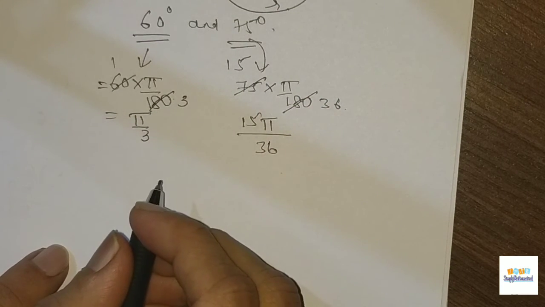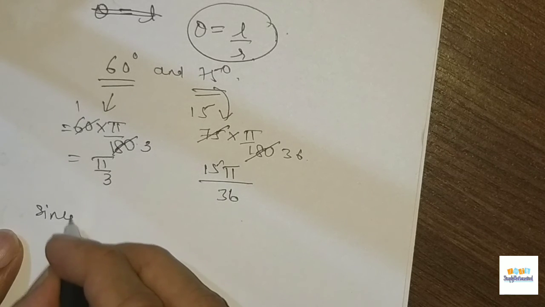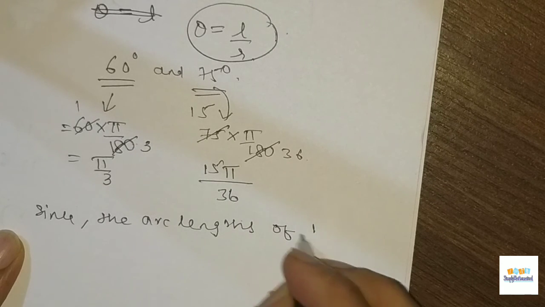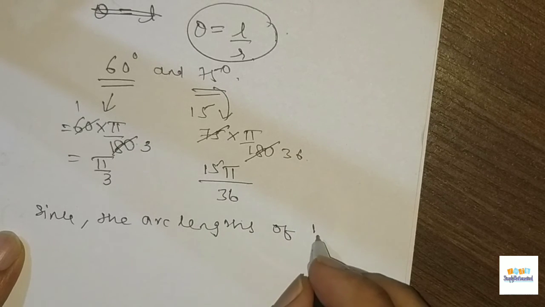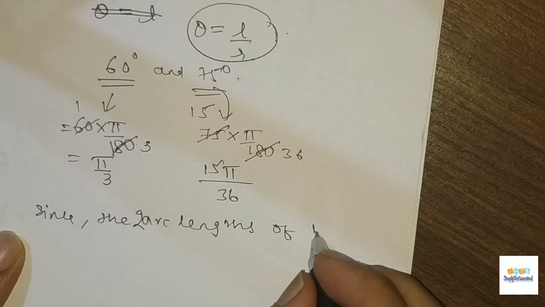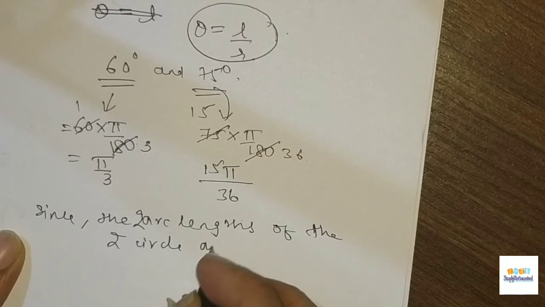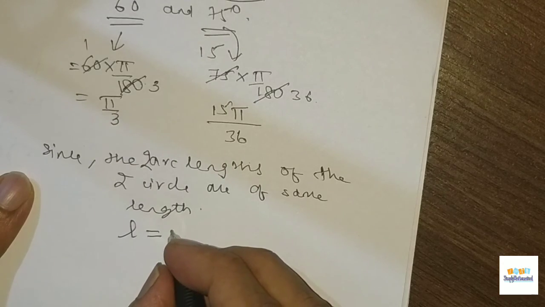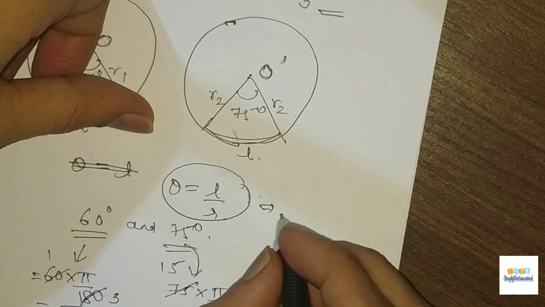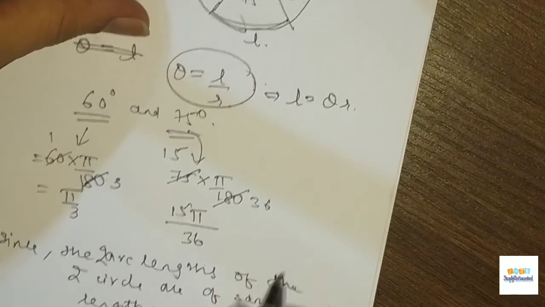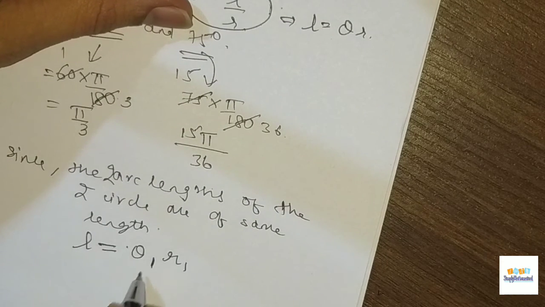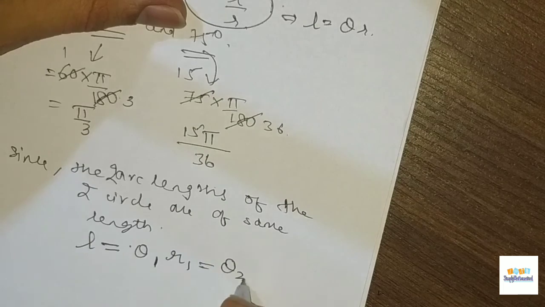Now we have to use the formula theta equal to L by R. Since the two arc lengths of the two circles are of the same length, from theta equal to L by R, what you get is L equal to theta multiplied by R. So L will be equal to theta 1 times R1, equal to theta 2 multiplied by R2.